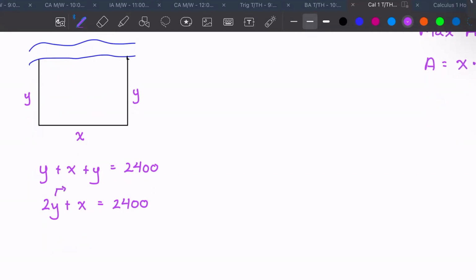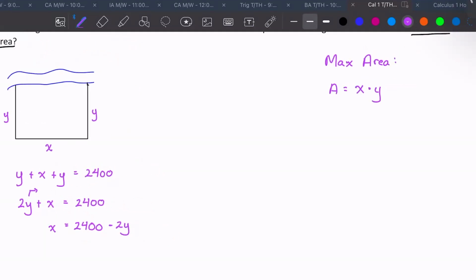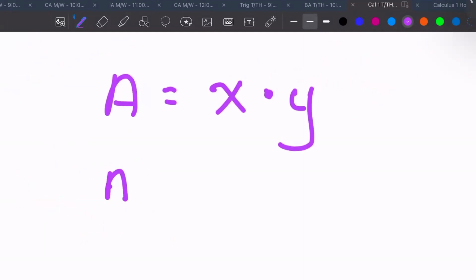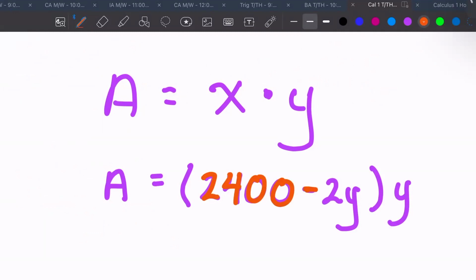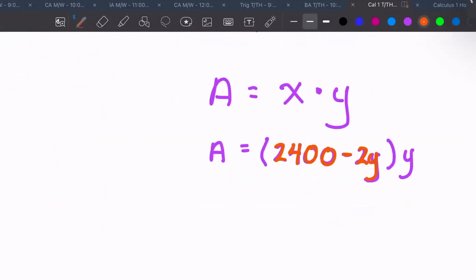This is already pretty difficult. So if we move 2Y to the other side, we would have that X equals 2,400 minus 2Y. Well, we can take that and plug it in for X in our problem, right? So you have A equals X, which is 2,400 minus 2Y, times Y. I'm going to write that again.